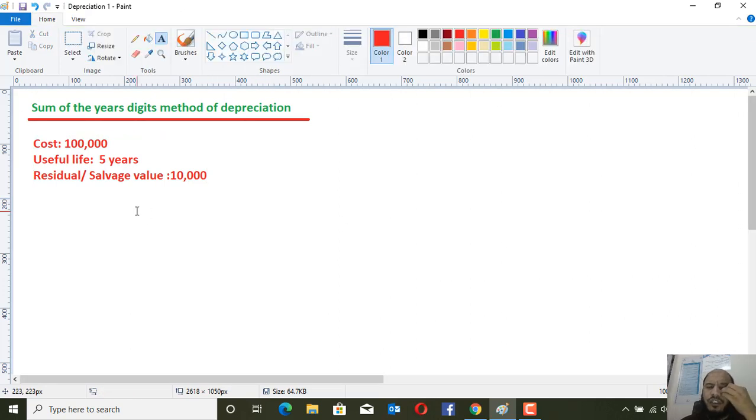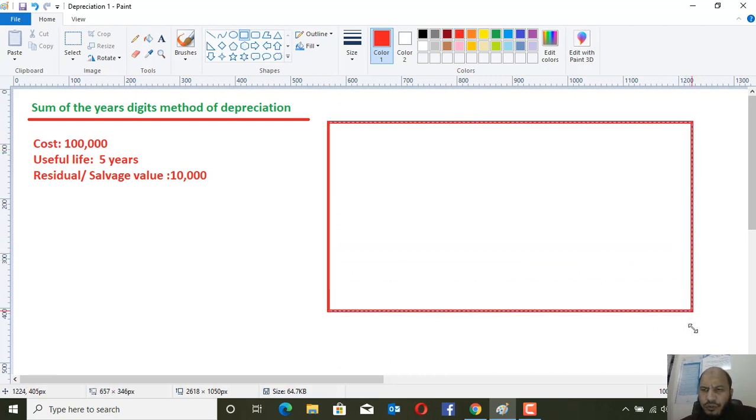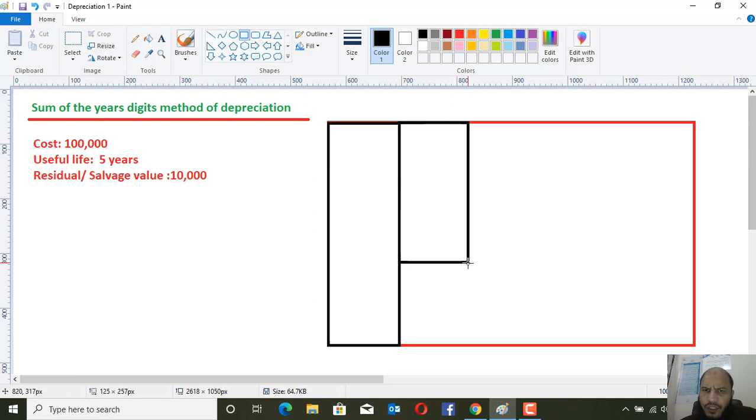Dear students, let's draw the schedule or the chart for the method of depreciation. So consider that this is a chart. Once again, we have the year column, and the second column is called the depreciable base, or depreciable cost, we may say.